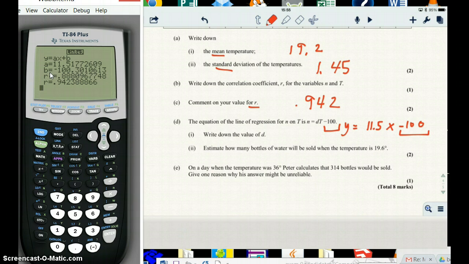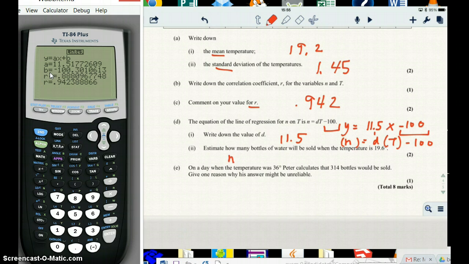Instead of y, they put n, and instead of x, they put t, but the rest of it's kind of the same, right? So 11.5, you can see, is the d value. So they say write down the value of d. D is 11.5.